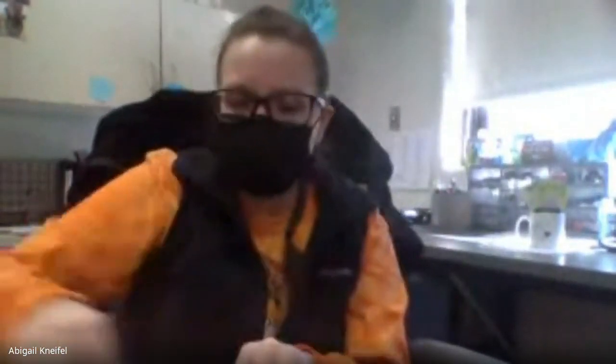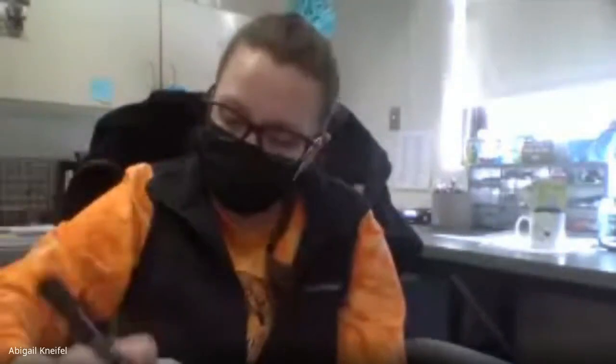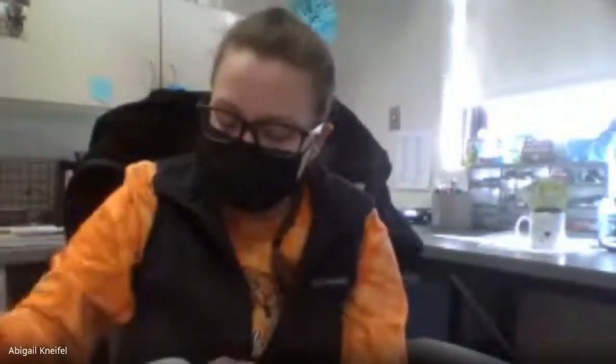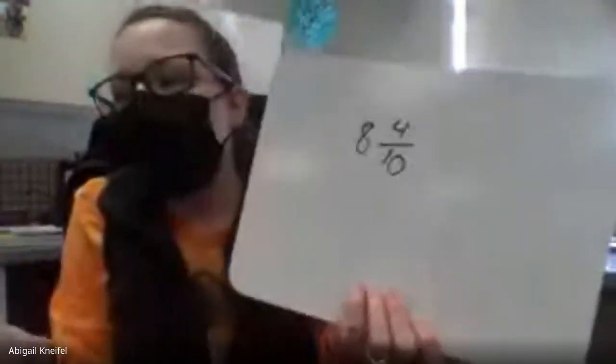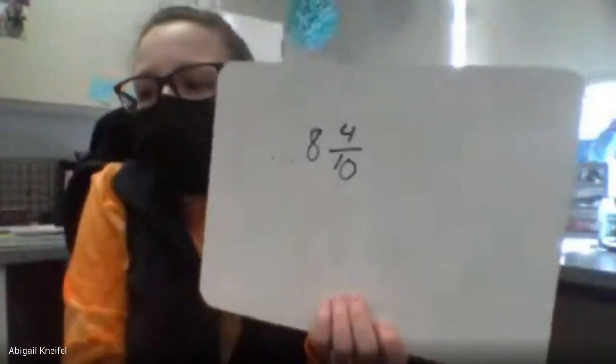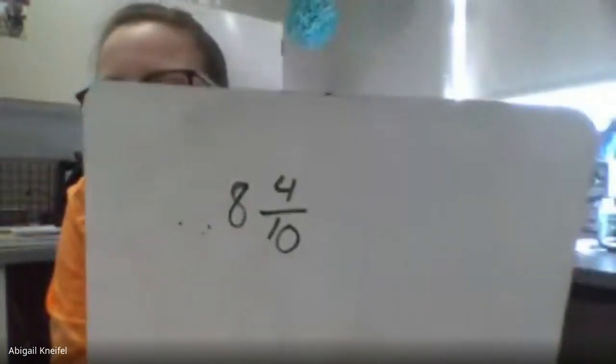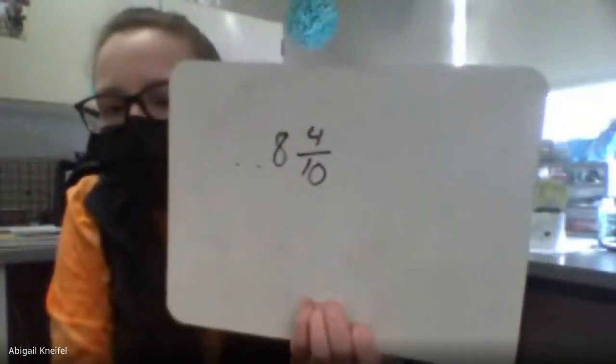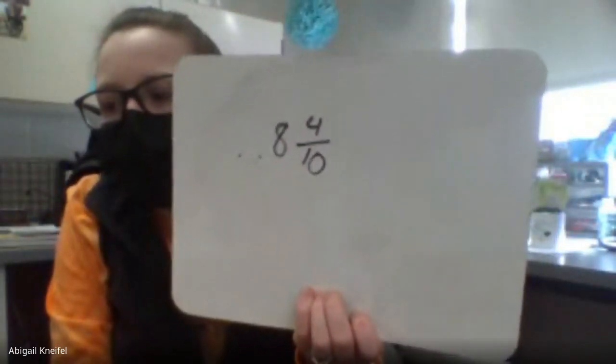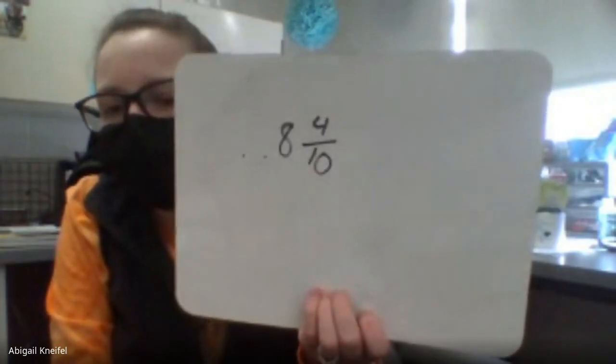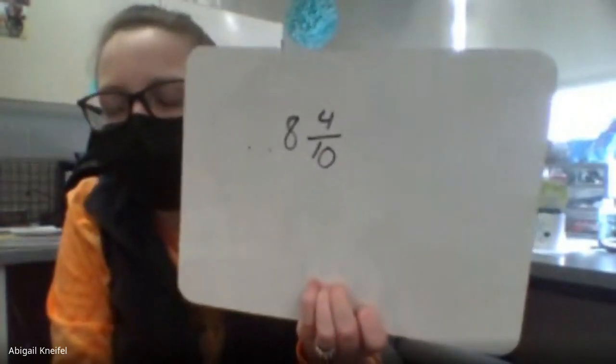All right, new problem. Make this mixed number into an improper fraction. That's all you're doing. Turn this mixed number into an improper fraction. That's it. You're not dividing it or anything.